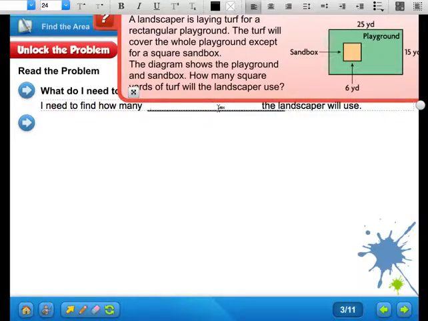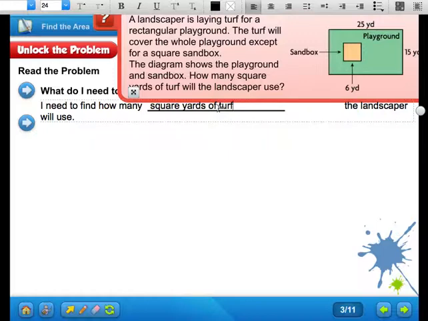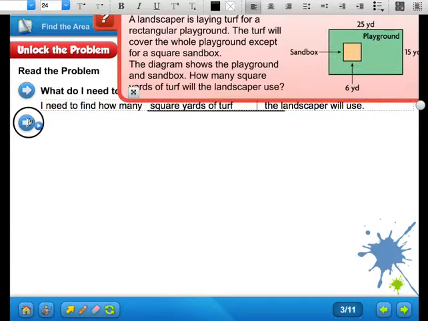Square yards of turf. I'm going to delete some of this to make it look nice and neat. All right, so that's what I need to find out.